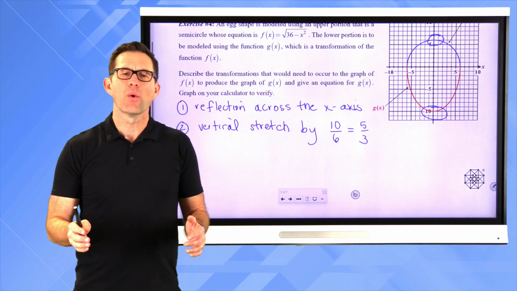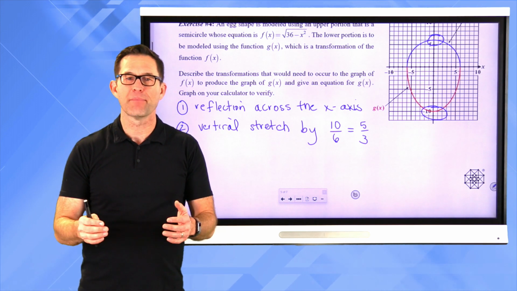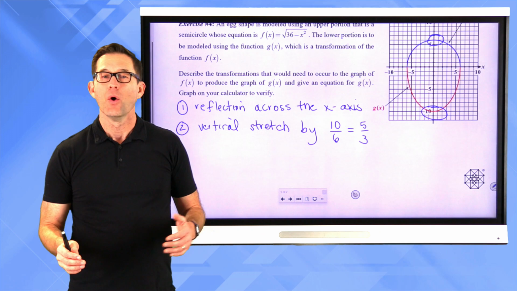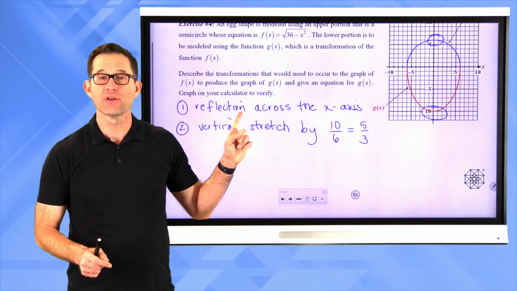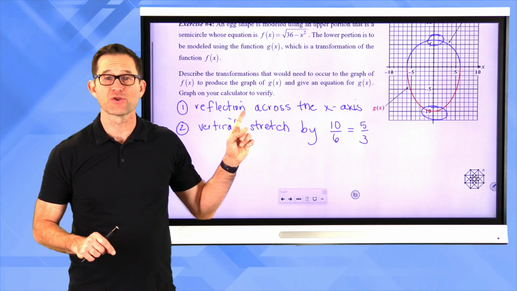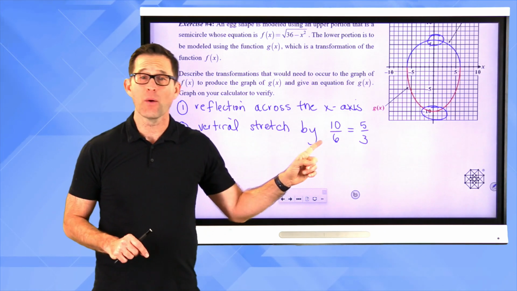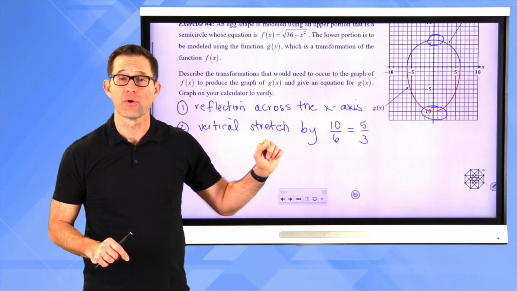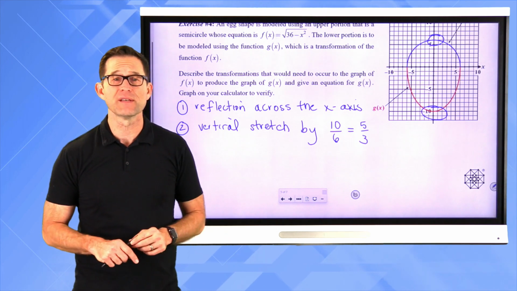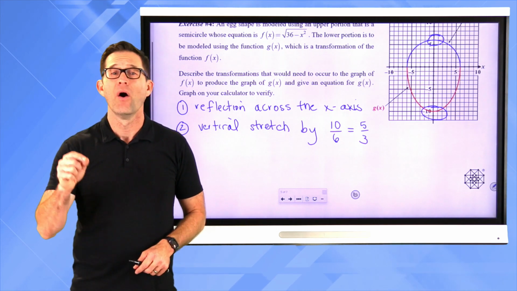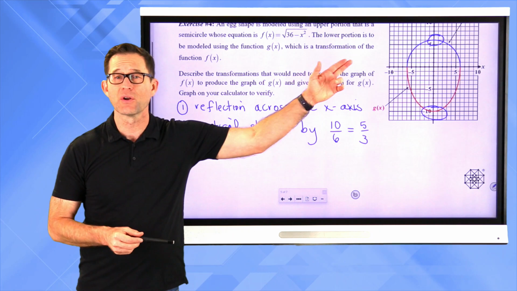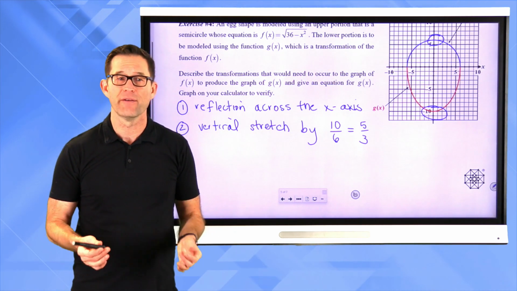So how do I make both of those happen at the same time? Well, I want to multiply the overall function by -1. That'll give me a reflection across the x-axis. And then I want to multiply that by 5/3. I can do both of those at the same time by simply multiplying all the values of the original function by -5/3.